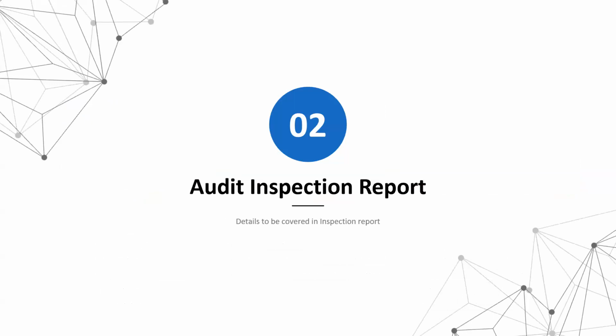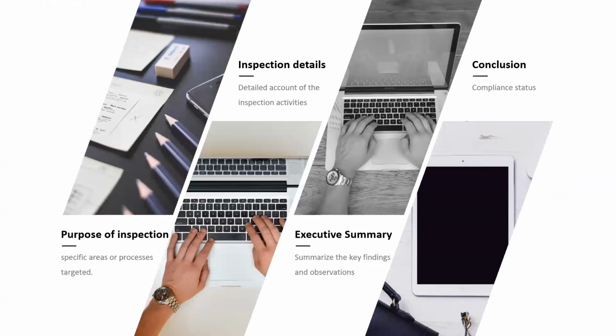What the audit inspection report is and how this report should be written, we'll cover in this session. So what is the purpose of inspection? Specific areas or processes are targeted. These are the different sections you will cover in the audit inspection report.